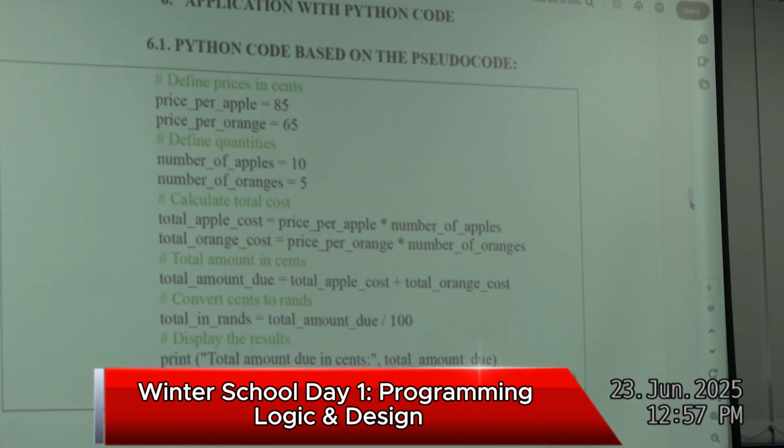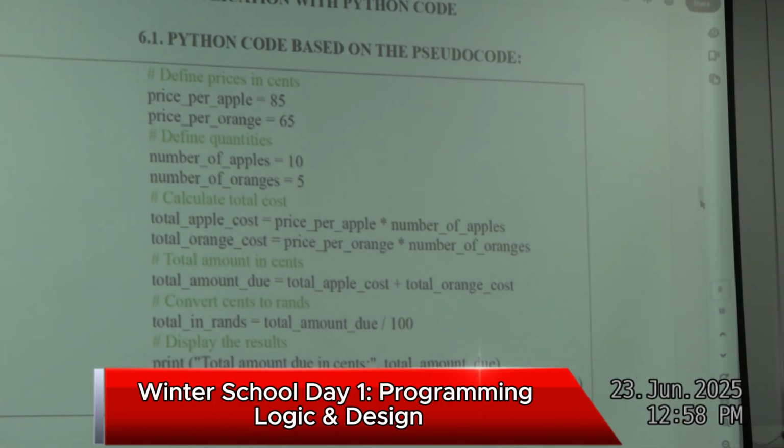Let us discuss briefly how we do coding. But you're not doing code today. We do the coding from Thursday. First of all, you have to know that every language has its own syntax. The syntax is a grammar.